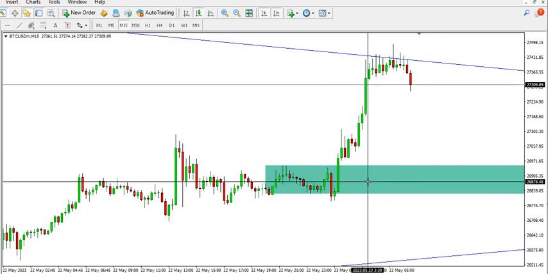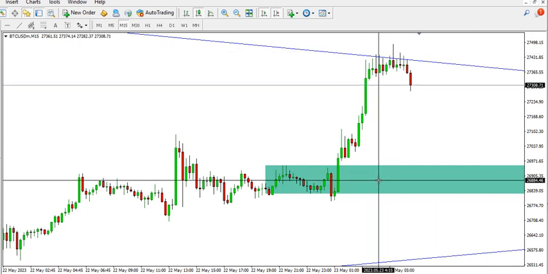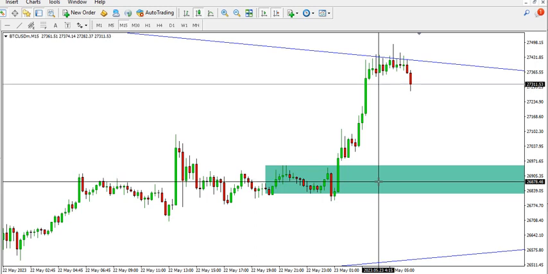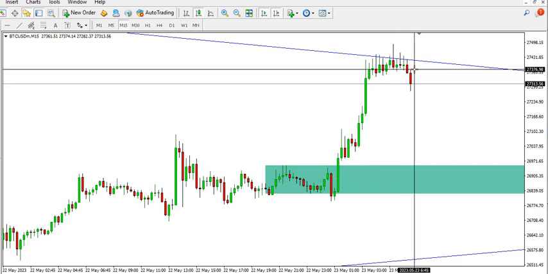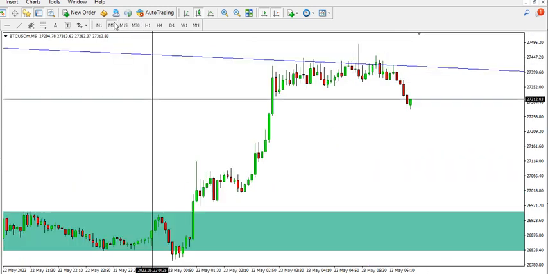And we also have another order block around the 26884 area that could serve as support to price. But for now, look for buying opportunities for BTC USD.